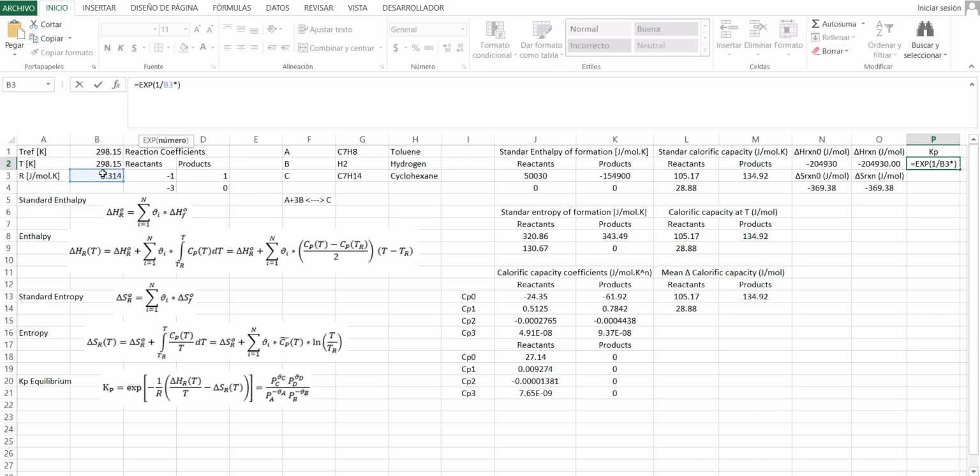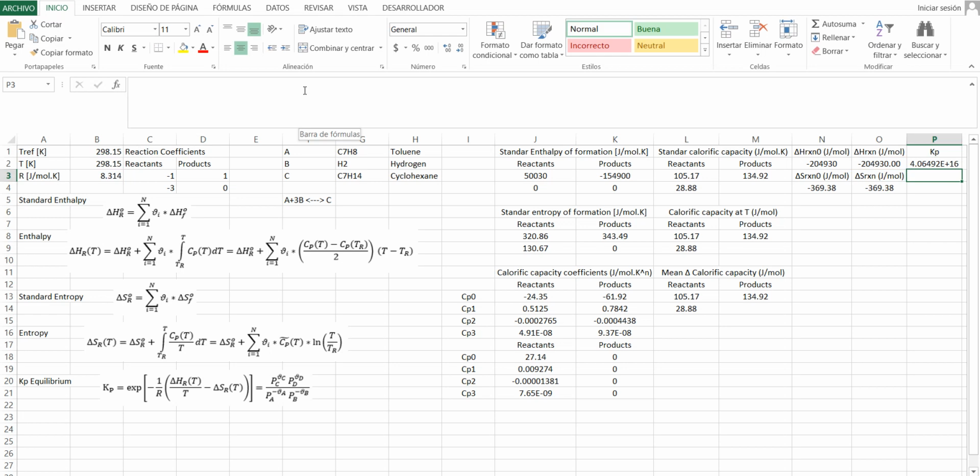Multiplied by the change of enthalpy of the reaction divided by the temperature at which it was evaluated minus the change of entropy of the reaction. Okay, times -1 because it's negative. Okay, so there you have it.